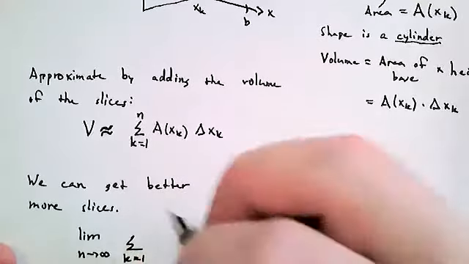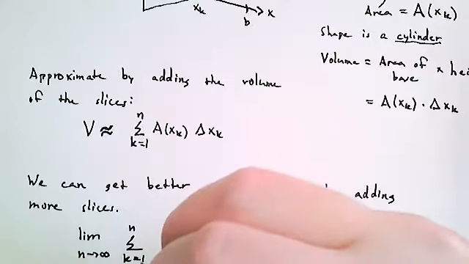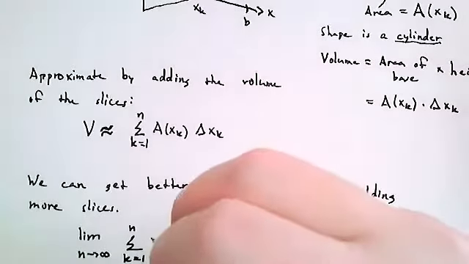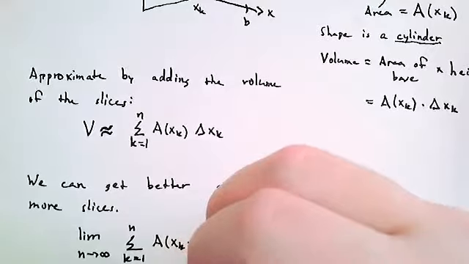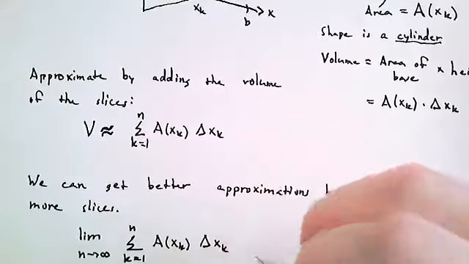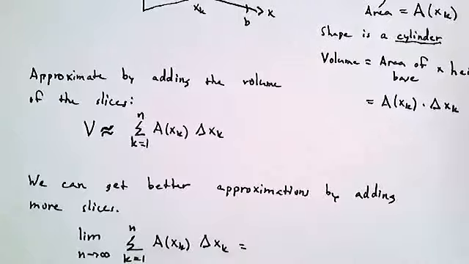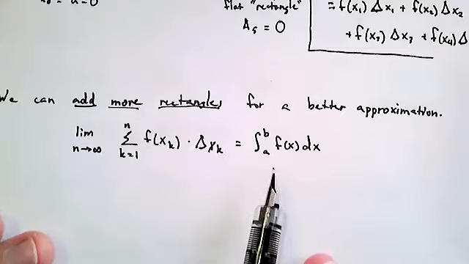So this notation gets a little hard to read maybe, because now I have sigma and a limit. But just like before, this limit of a Riemann sum is really an integral.